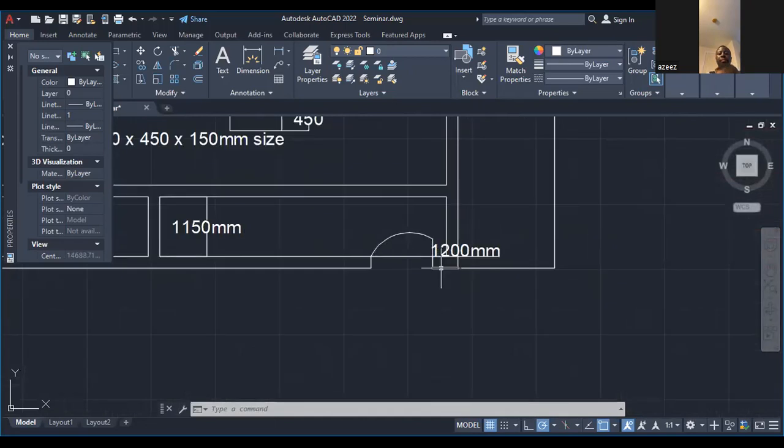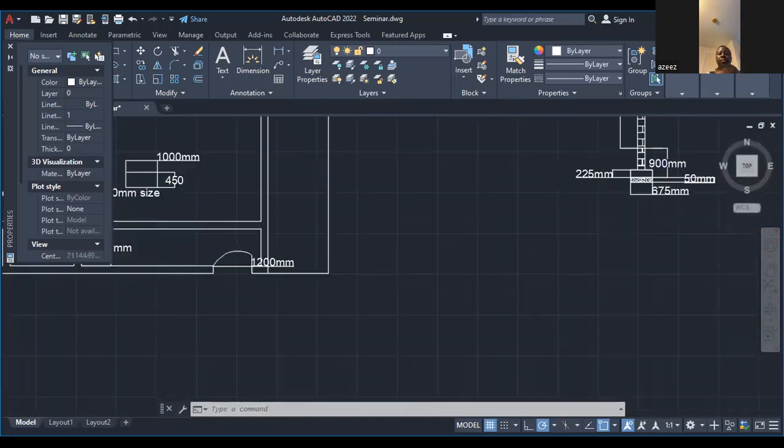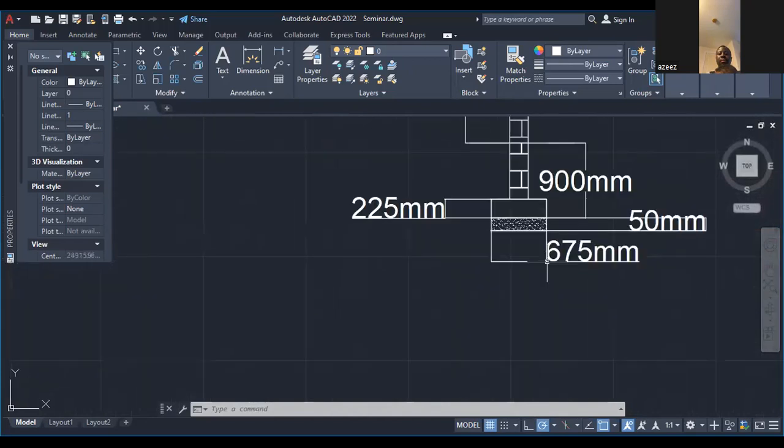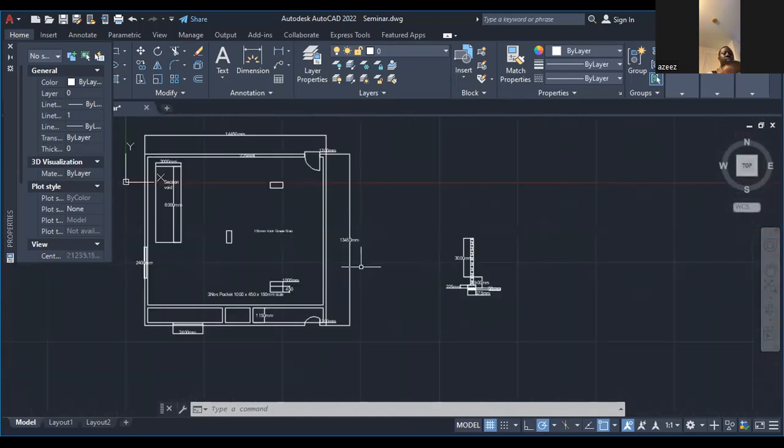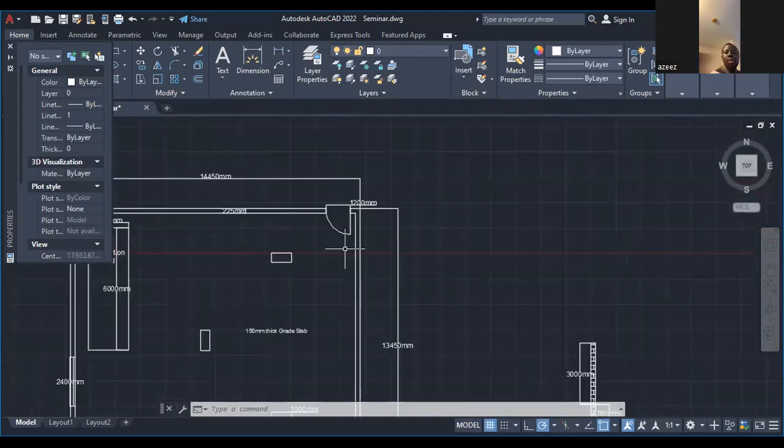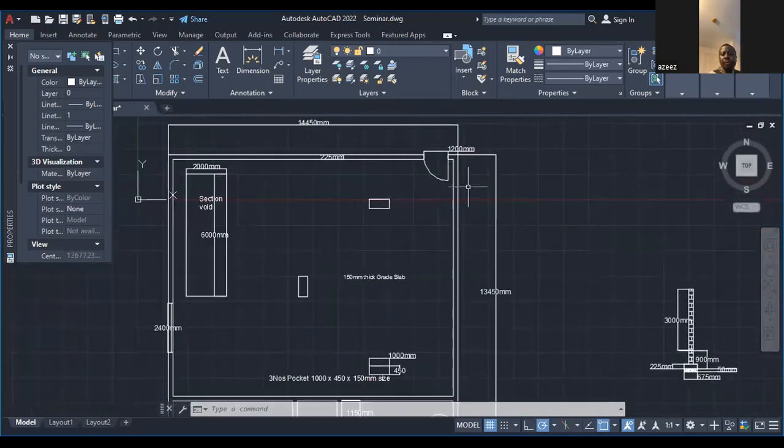But the width of our foundation is 675. The internal wall is 225. So to this side you have 225, to this side you have 225. Those are the junctions I was talking about there.